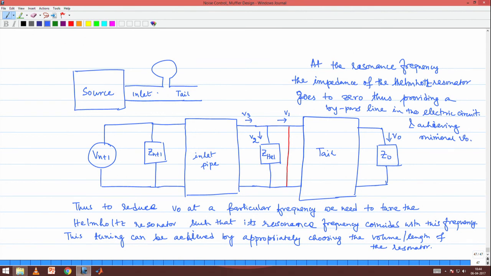So, if your V0 is minimized, velocity ratio will be increased and your insertion loss will increase.